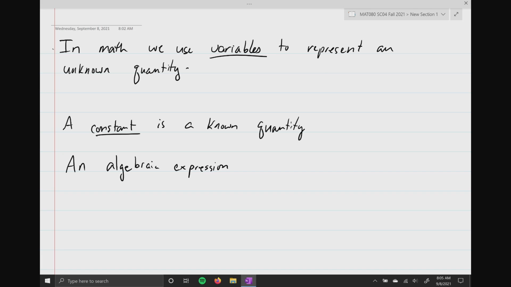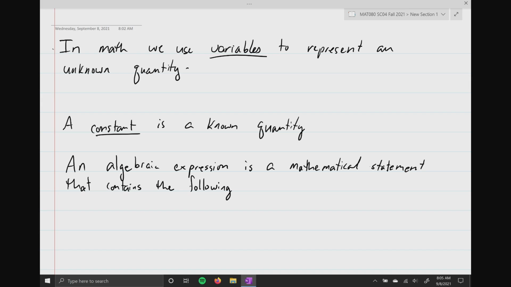An algebraic expression is a mathematical statement that contains the following things. Now, it doesn't have to contain all of them, but it's going to have at least one of these.